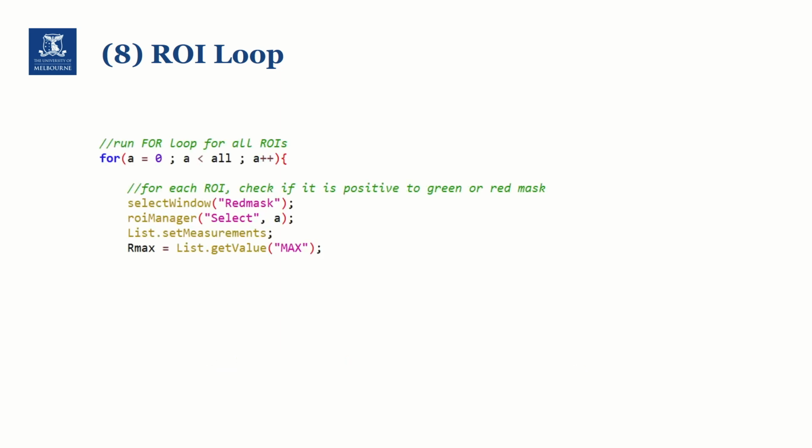So this is how we can write. Within the ROI loop, we will select the image, then select the first ROI, measure the selection, and grab the max value.